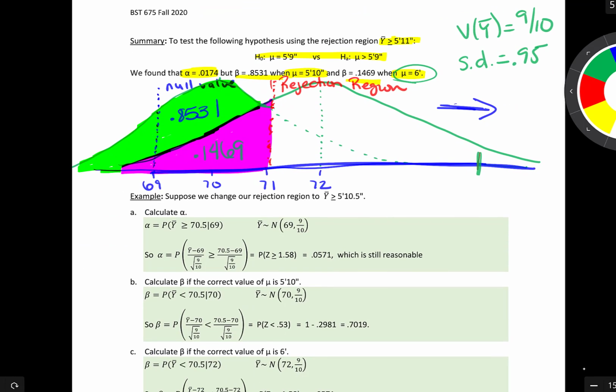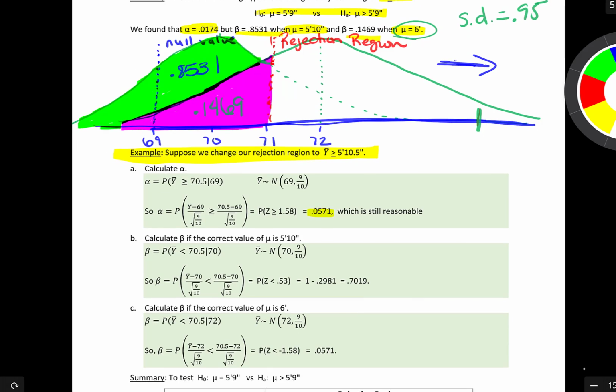Here's another example, just again to illustrate that point, and I'll let you look at this on your own. This one says, suppose we change our rejection region. So here, we're not changing the true value of mu, we're changing what we're considering to be our rejection region. And as you change your rejection region, this time you are going to change alpha, and of course we're going to change beta.